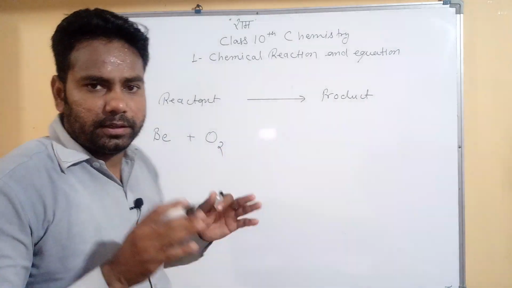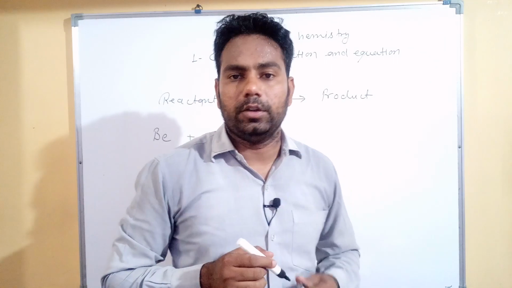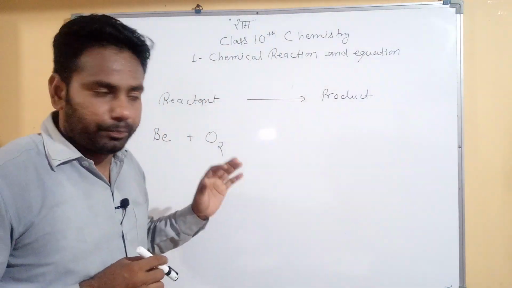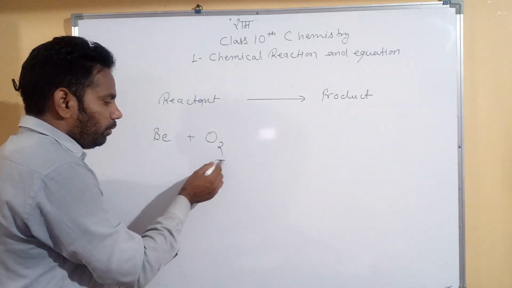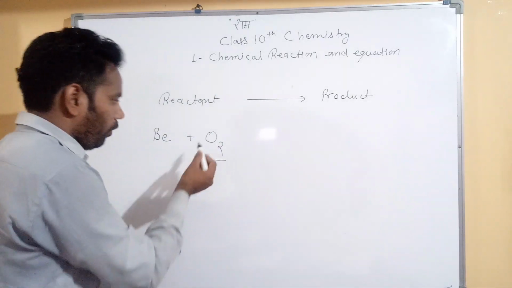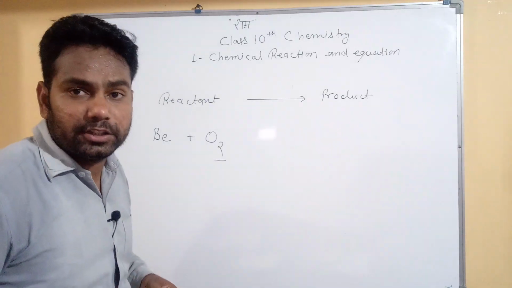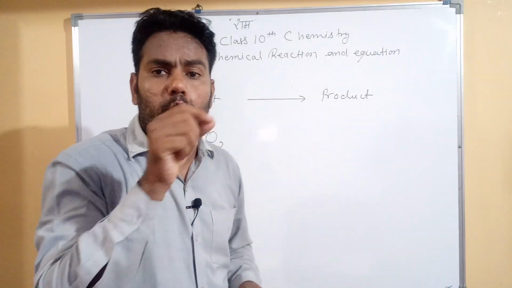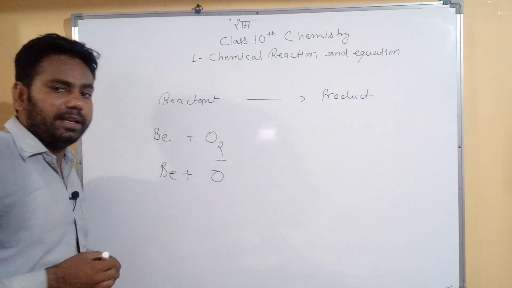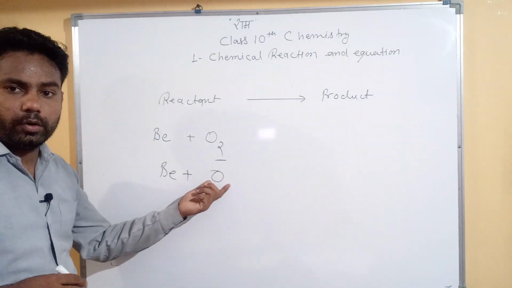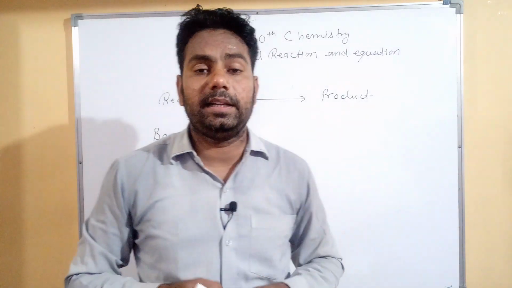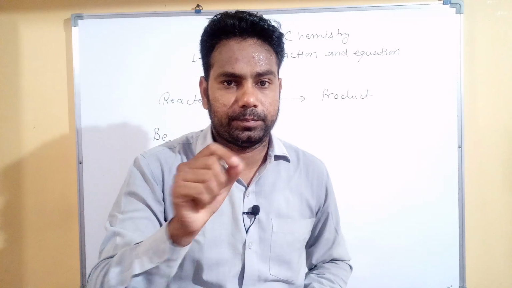Before writing the chemical reaction, you must already understand how to write chemical formulas. Some molecules in their natural state are diatomic. O2 is diatomic in nature, so we always write O2, not O. Some students write Be reacts with O. It's wrong, because in nature oxygen is present as diatomic.